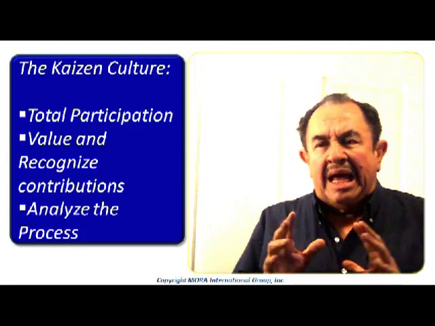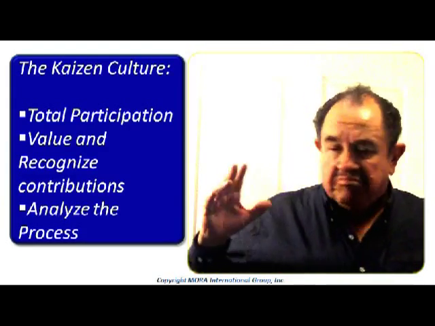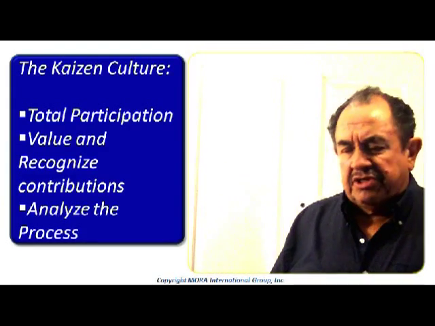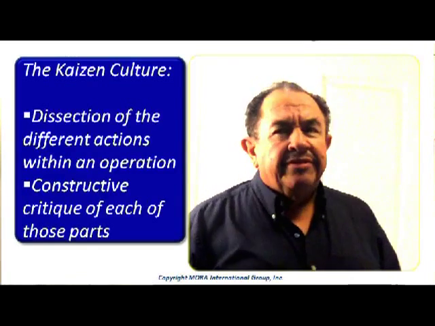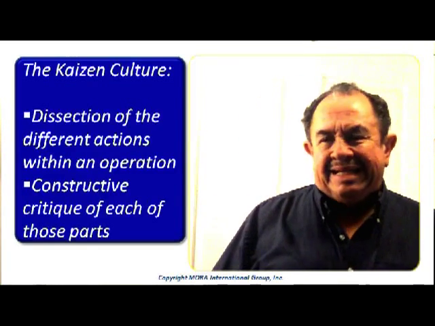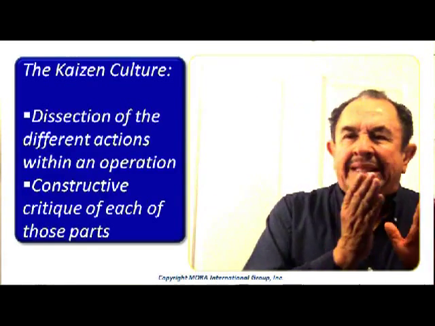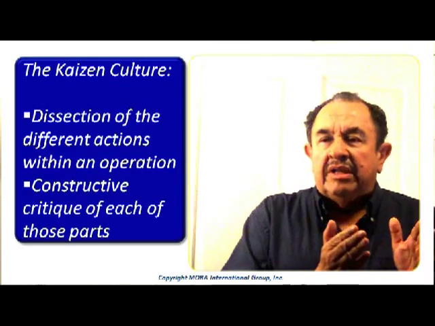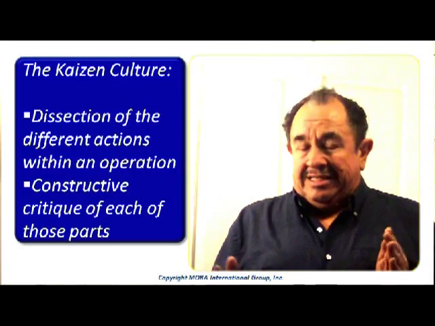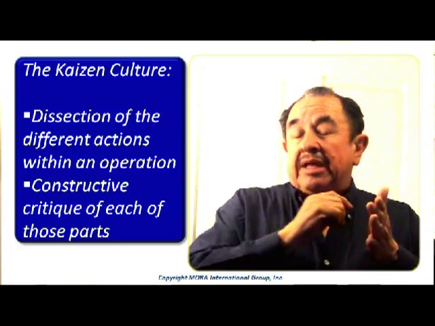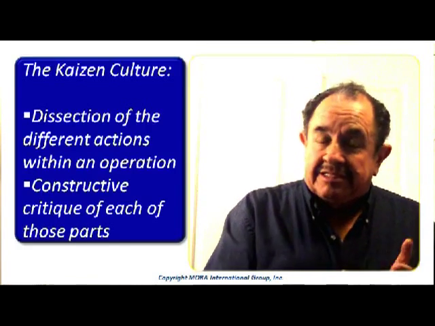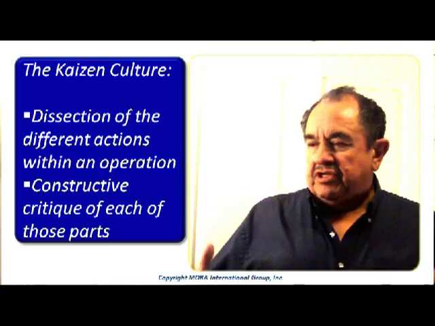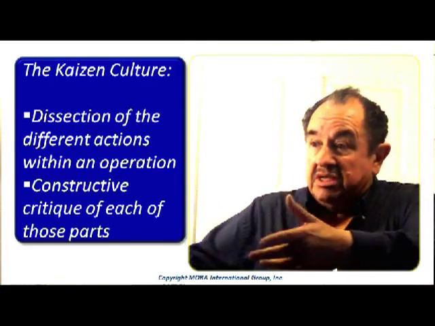Now, let us analyze that process all together. The team will analyze the process, and then we are going to prepare a list. This list is a dissection of all the different actions that take place, preferably in the order that they take place. So the first step is bringing some material.